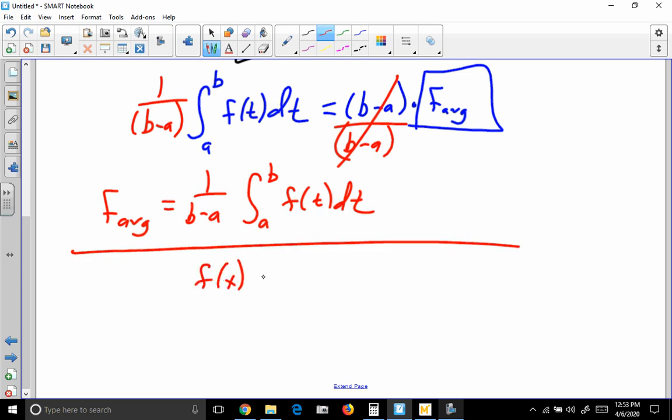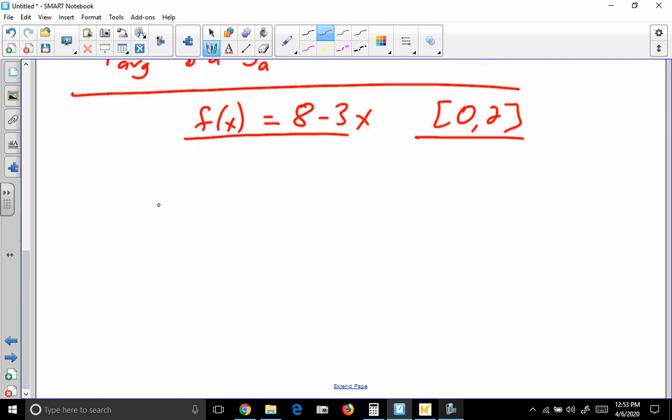And they give us a function like 8 minus 3x perhaps on the interval that goes from 0 to 2. So if we want to find the average value of that function on that interval, we do 1 over b minus a times the integral of 8 minus 3x dx from 0 to 2.